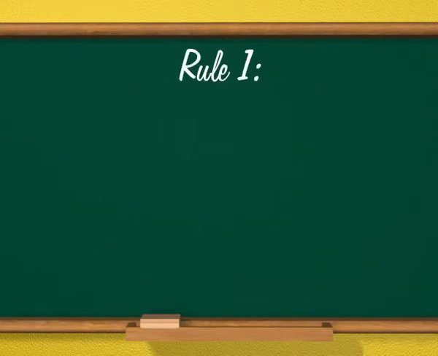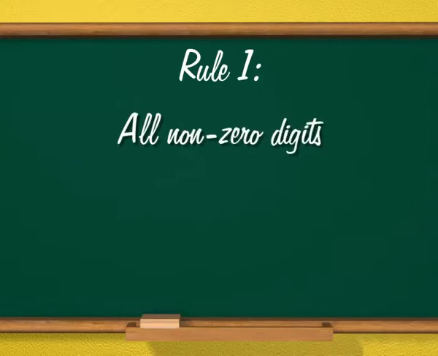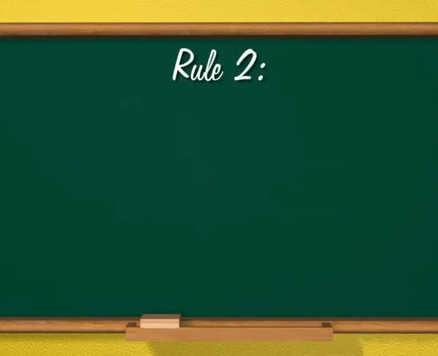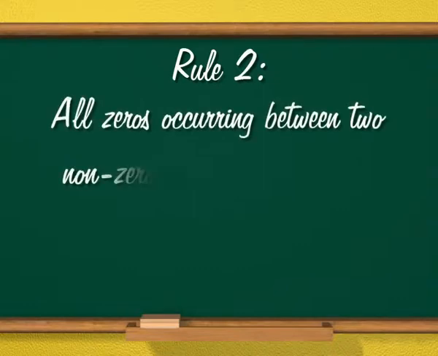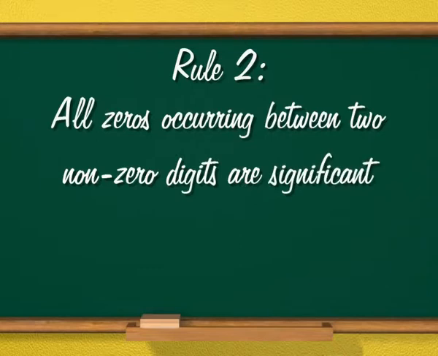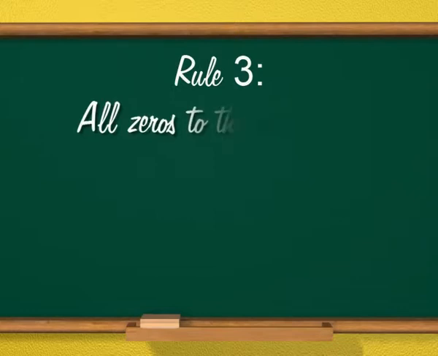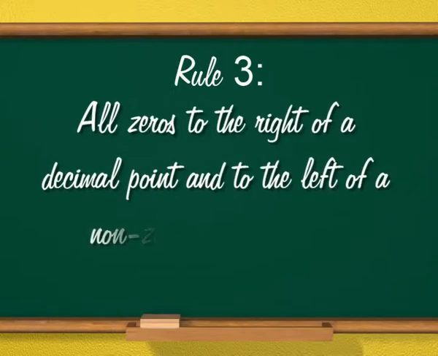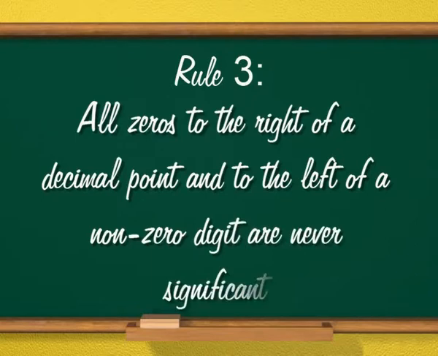Rule 1: all non-zero digits are significant figures. Rule 2 says all zeros occurring between two non-zero digits are significant. Rule 3: all zeros to the right of a decimal point and to the left of a non-zero digit are never significant.